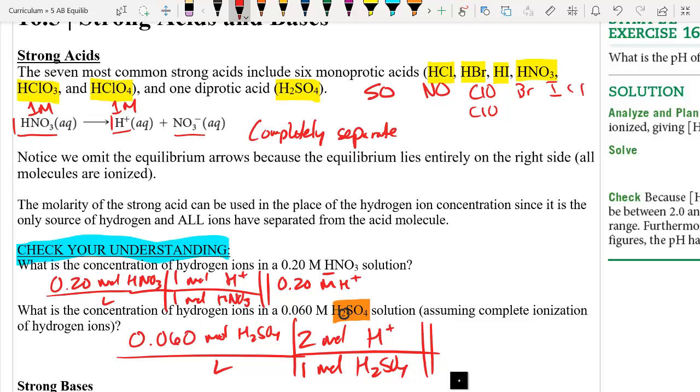So, considering that, what we have to do is essentially double the initial molarity. So my 0.06 becomes 0.120 molar hydrogen ion concentration.